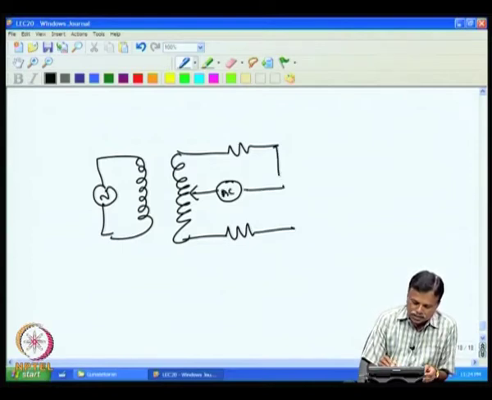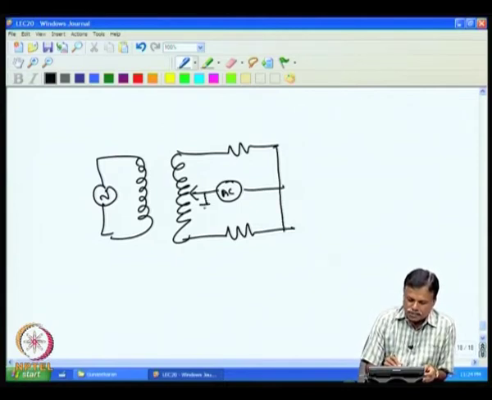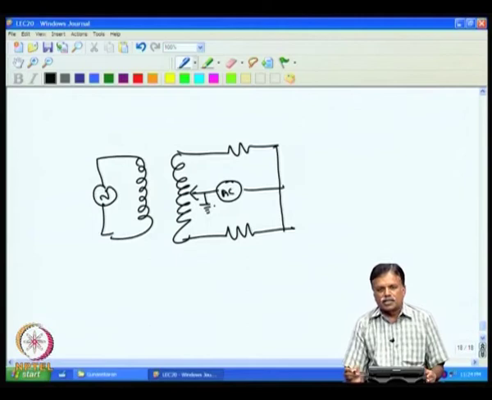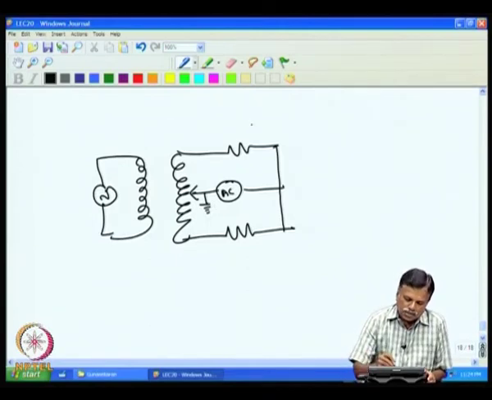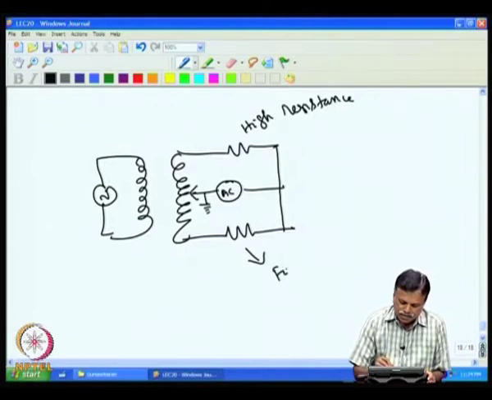The center tap, the variable tap, is connected to ground. So this is the high resistance under test. This is also a high resistance, but it is a fixed standard resistance.